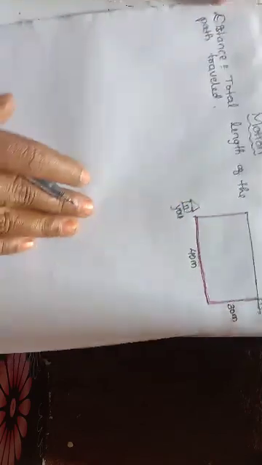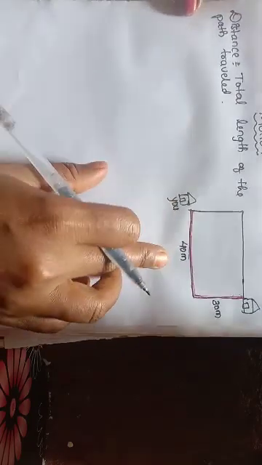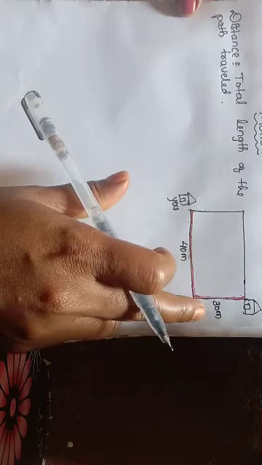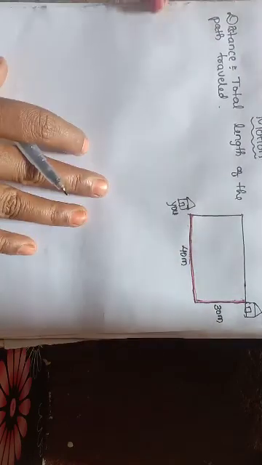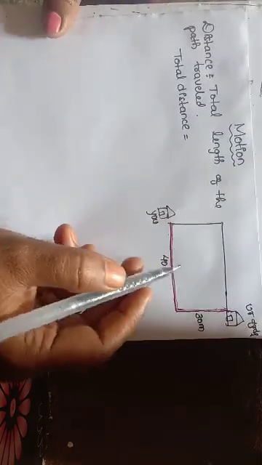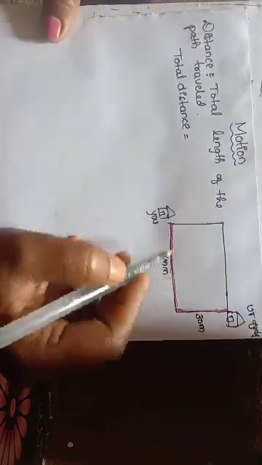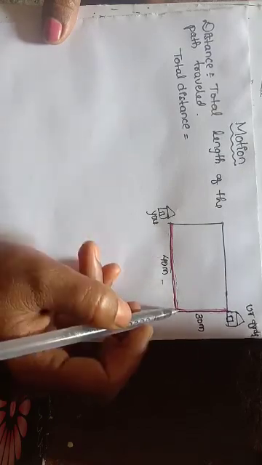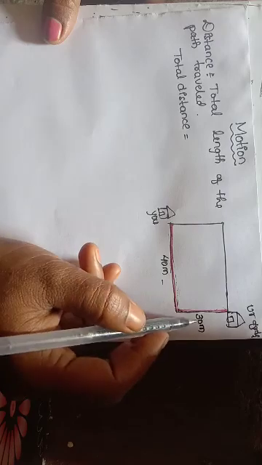Let us consider the length of the park is 40 meters and the breadth or width of the park is 30 meters. What is the total distance covered? Along this path you went to your friend's house, so how much distance did you travel? 40 meters and 30 meters.